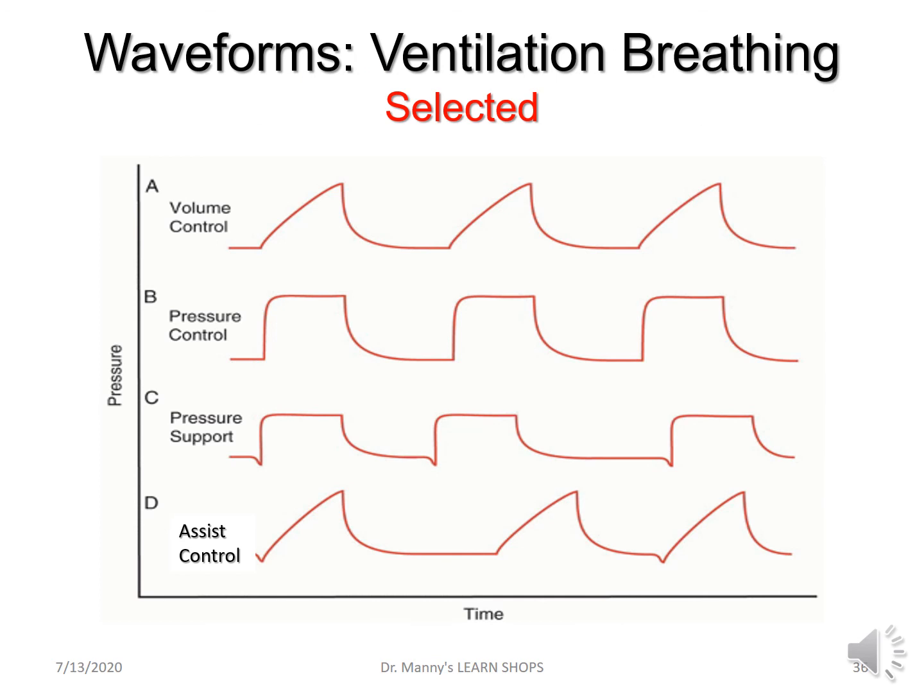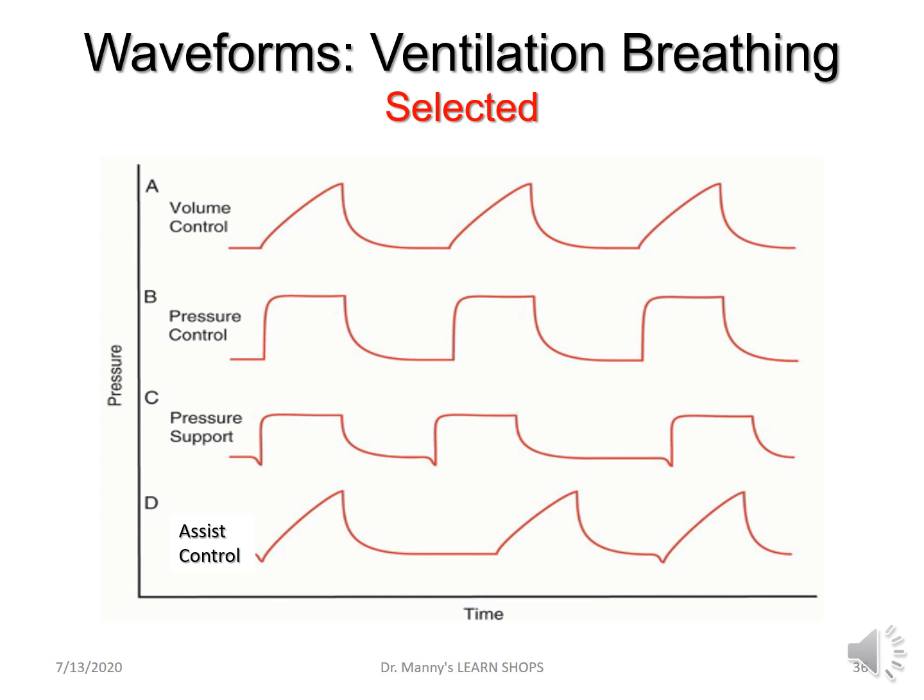So, just to conclude, when we look at specific breathing waveforms for this section, there are typically 4 that we're looking at. Volume control, which means a specific tidal volume has been set and delivered at a certain rate. Pressure control, a certain pressure has been set, delivered at a certain rate.